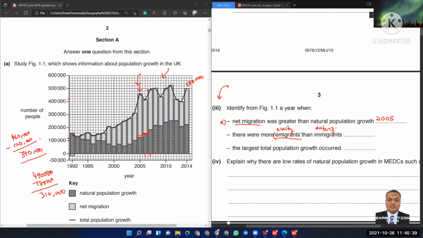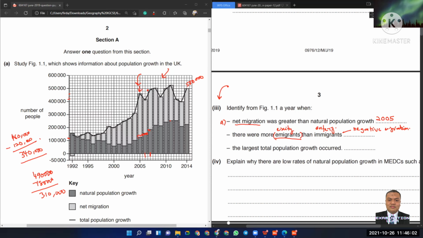You need to remember, more people exiting, it means that it should be a negative net migration, negative migration. So bila you tengok dia punya chart ni, you just cari yang mana dia punya net migrationnya adalah negatif. So kalau you kena ingat kalau positif means that you have more immigrants rather than emigrants.